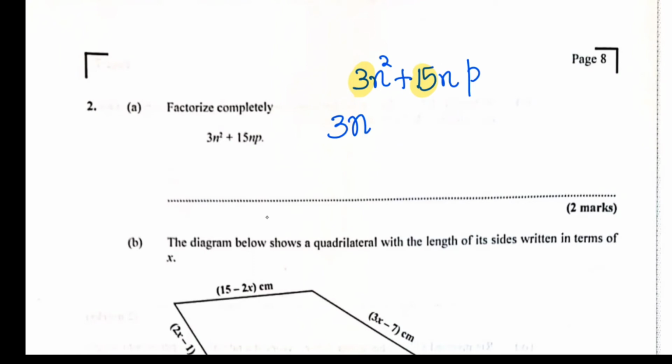So whenever you find a common factor, you open the bracket. Remember that you're going to be dividing the common factor back into all the terms. For example, I'll put it at the side, 3n squared divided by 3n, and 15np divided by 3n. That's what you're going to work out to go in the bracket.